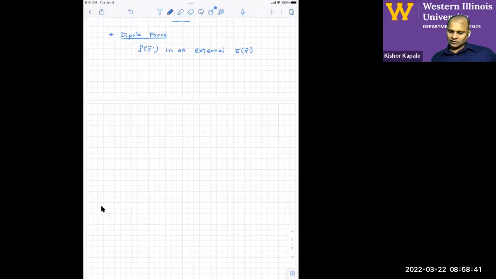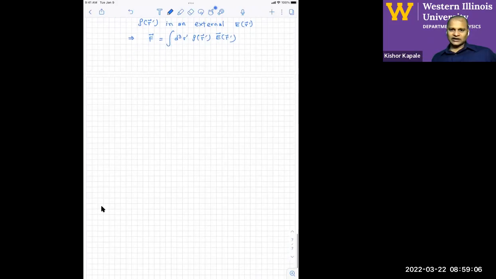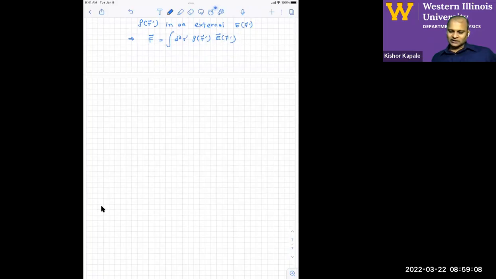It has to be at the location of where the rho of r prime is. Then we get the force, which is essentially Q times E, but because now you have a spatially distributed charge distribution, you have to integrate over that r prime variable, rho of r prime multiplied by E of r prime. Right? So very simple.